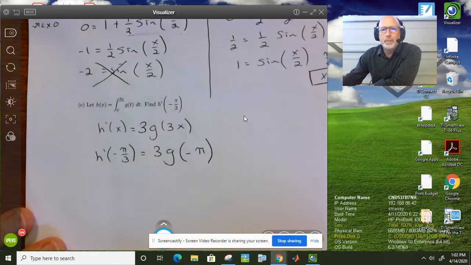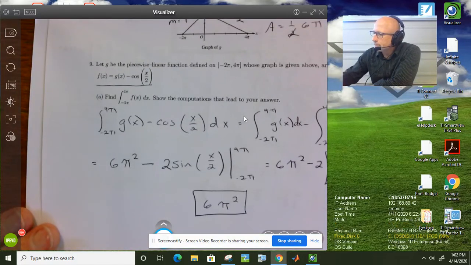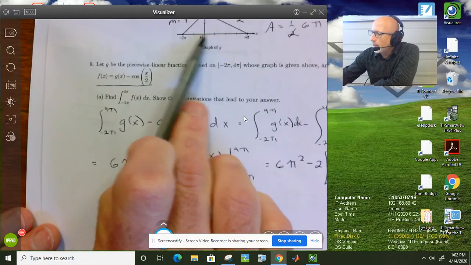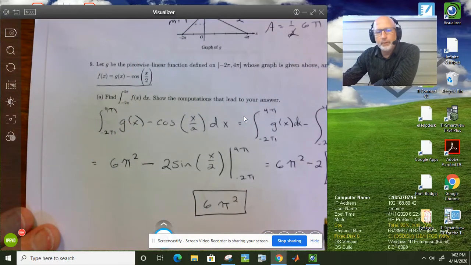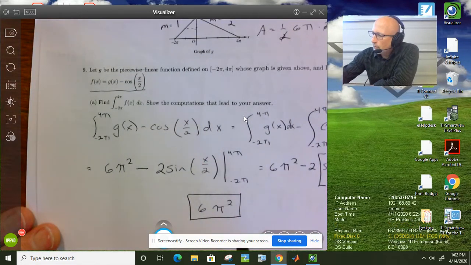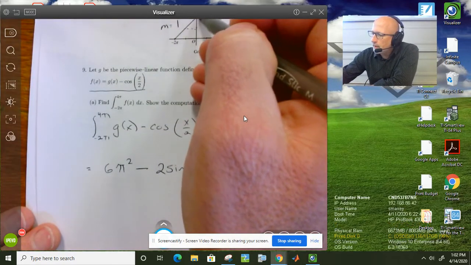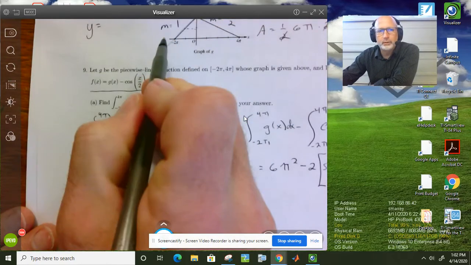And now I just need to go back to the graph of g of x. So g of x is right here. g of -pi is going to be whatever y value that is. Now, I think some of you guys can realize that that is pi. If you don't see that, what I'm going to do is create the equation of this line. I'm going to put it in slope-intercept form.